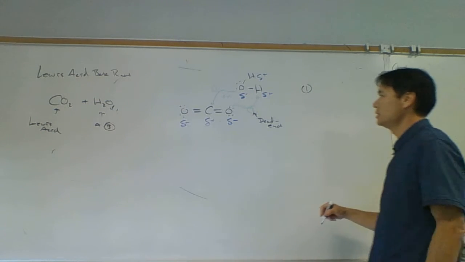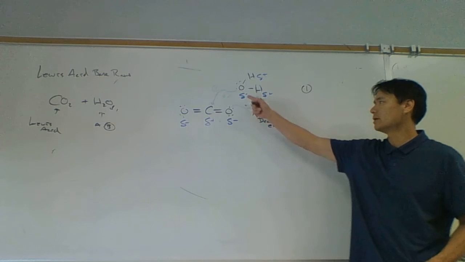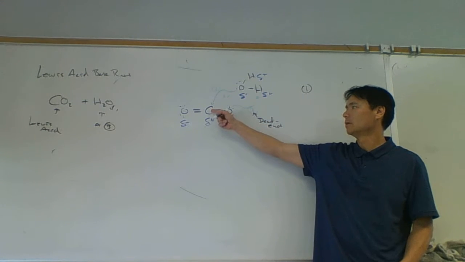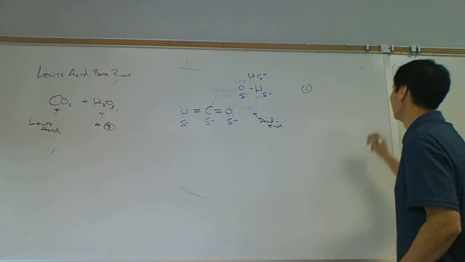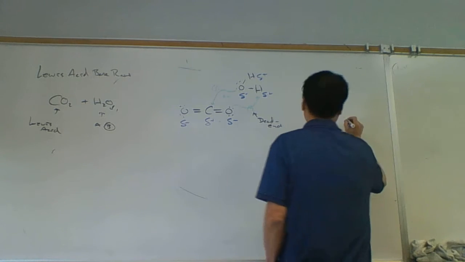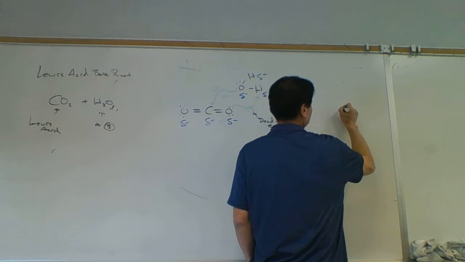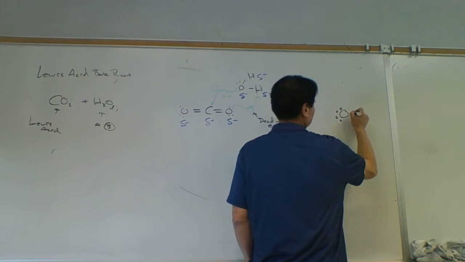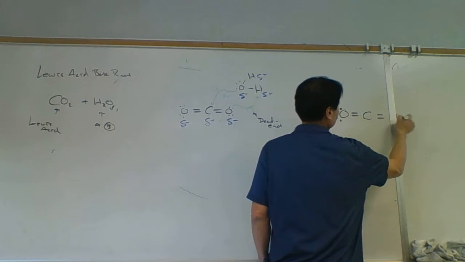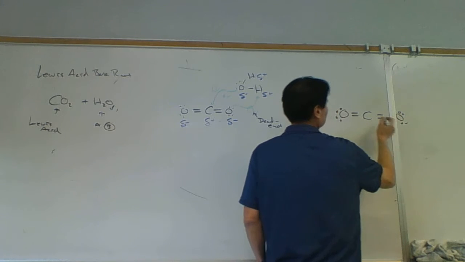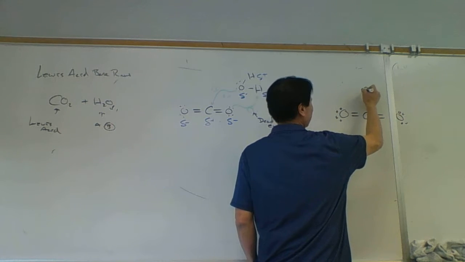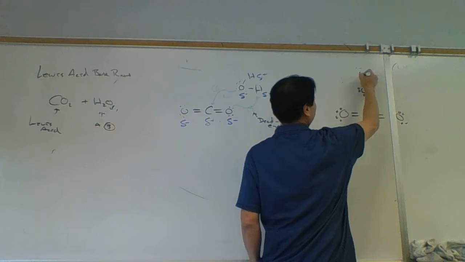If we proceed with this route, then a base is an electron pair donor. An acid is an electron pair acceptor. And so what happens here is this. The oxygen on water is going to come in here.